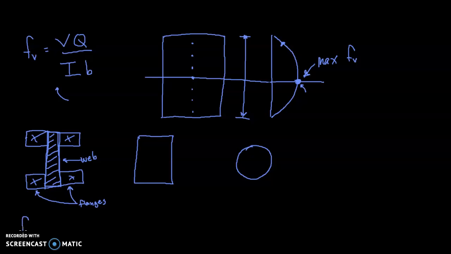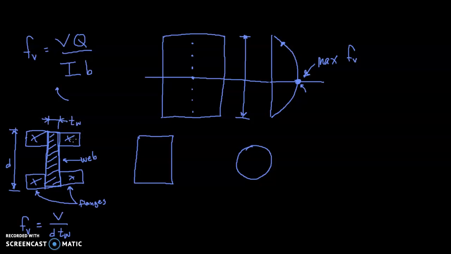So in this case, the shear stress in the beam is equal to the shear force divided by d t_w, where V is the shear force, d is the depth of the beam from top to bottom, and t sub w is the thickness of the web.